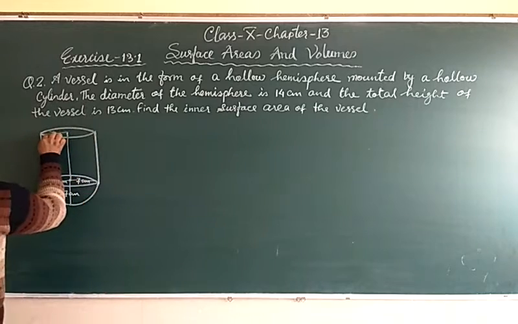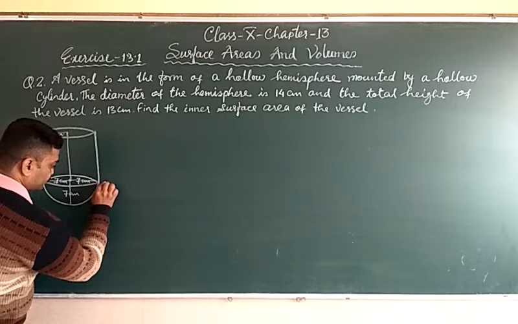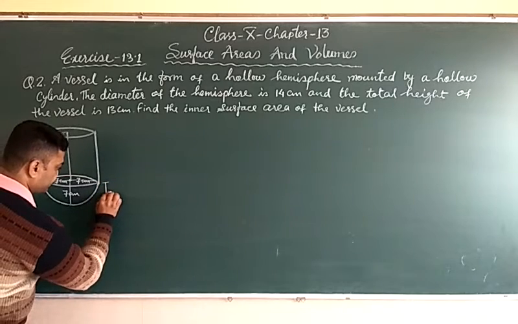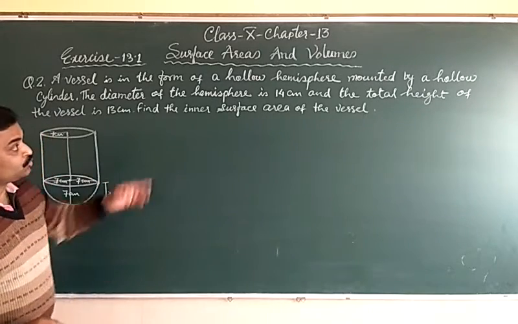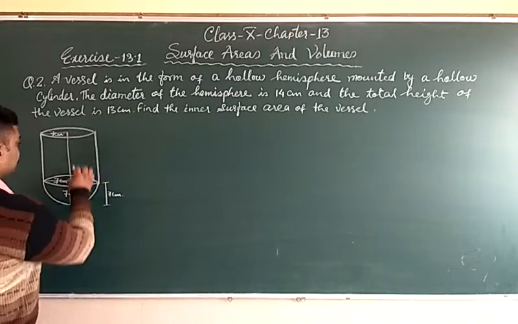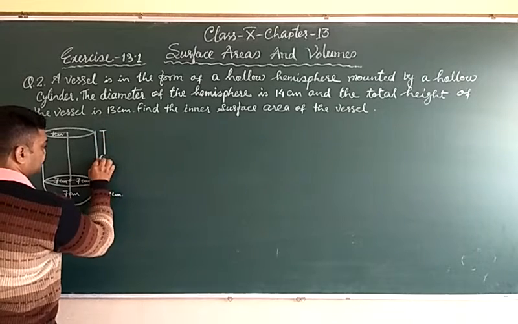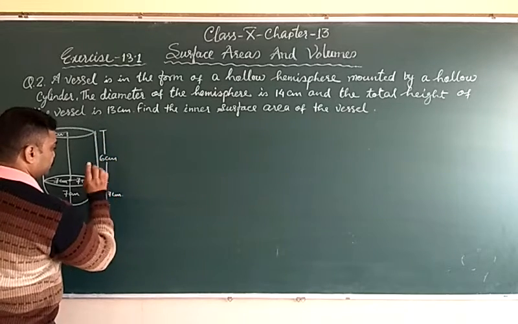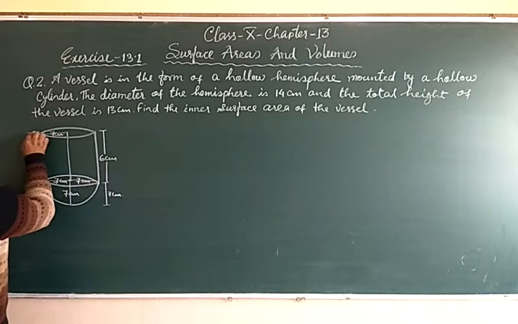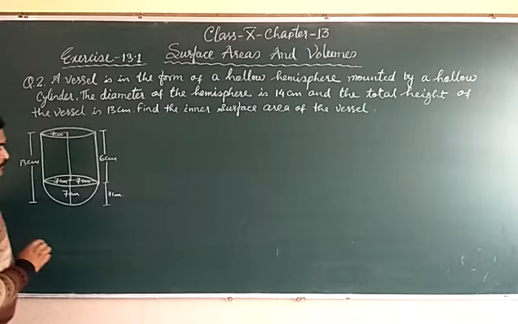We can write here 7 centimeter. From here to here, it is 7 centimeter. And the total height is given as 13 centimeter. That means this part is 6 centimeter. Clear? The total height is 13 centimeter up to here.